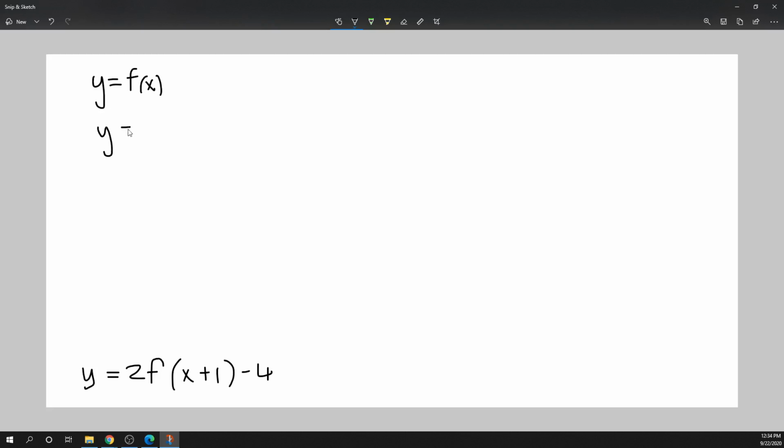First, I am going to replace x by x plus 1 here. So I'm replacing x by x minus a number. Remember, to get the value of k that you need, you have to write it strictly as x minus a number. So x plus 1 is x minus negative 1.